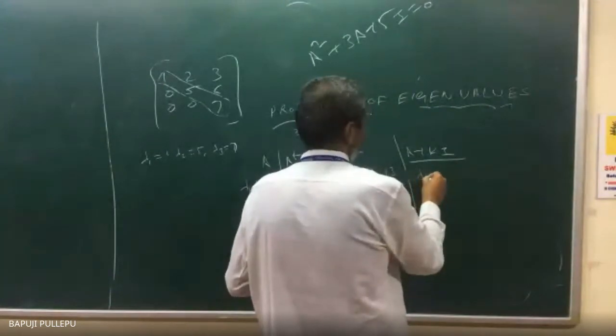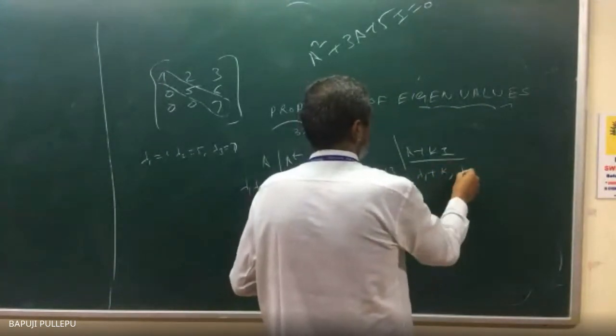Sir, in the fourth row, second part, something like pi is written. For A plus kI, what will you get? Not that, sir, under that, something you just rubbed out.